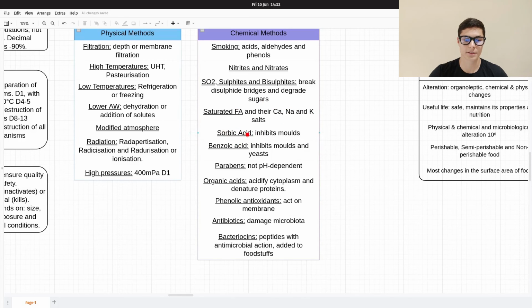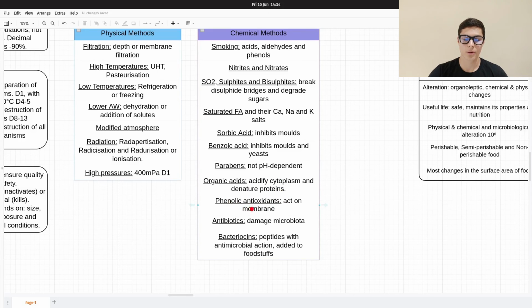The sorbic acid that inhibits the molds, the benzoic acid that inhibits molds and yeasts, the parabens, which are not pH dependent and they do the same thing as benzoic acid, similar, the organic acids that acidify the cytoplasm and denature the proteins, again acidity and has to do with pH, and bacteria don't like the pH too low.